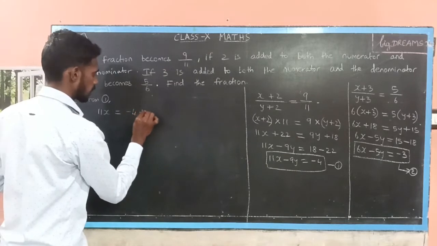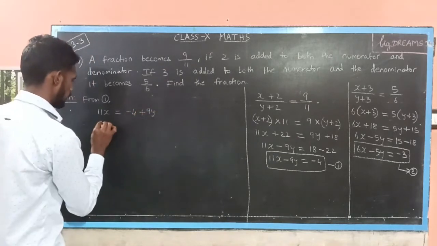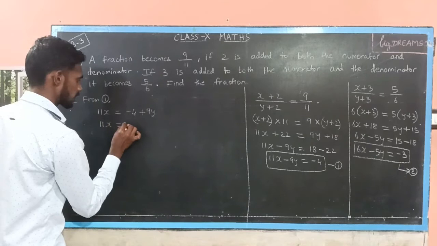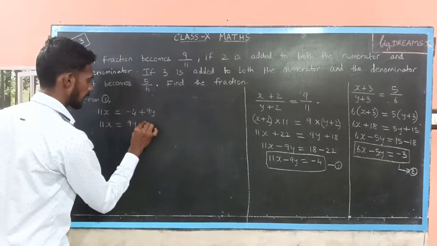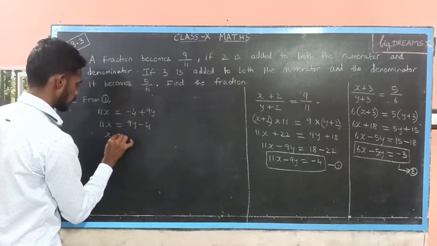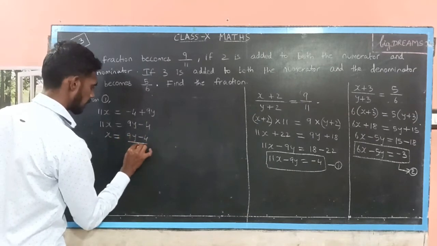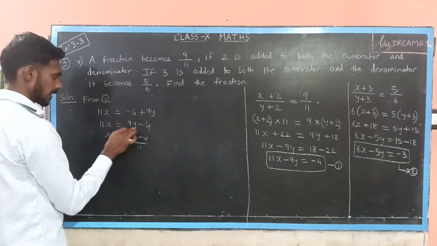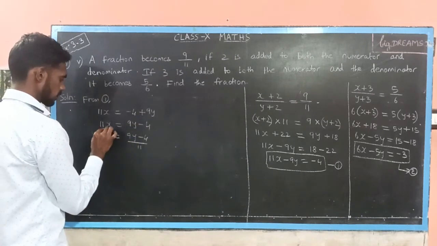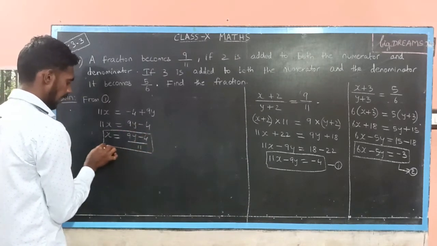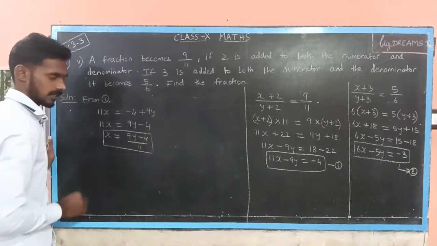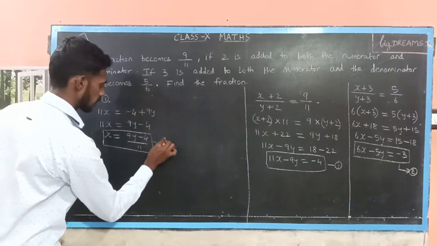So 11x is equal to 9y minus 4. So x is equal to 9y minus 4 divided by 11. When I take this 11 to the right side, it becomes the denominator. So x is equal to 9y minus 4 by 11. Mark this as number 3.